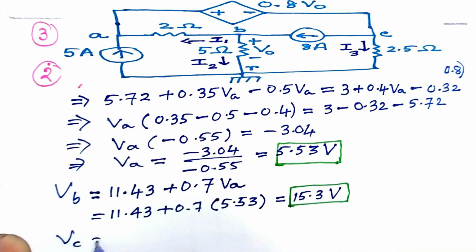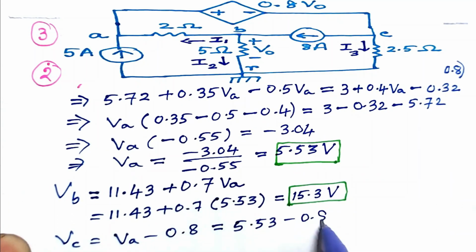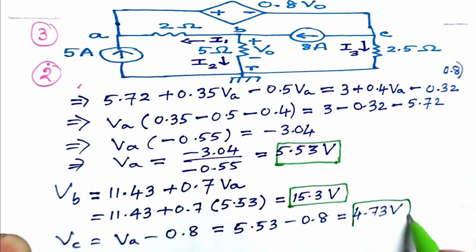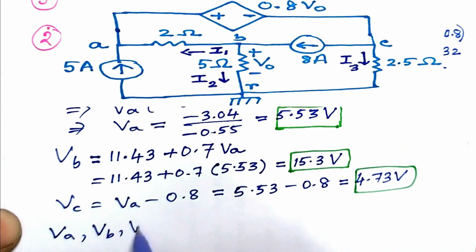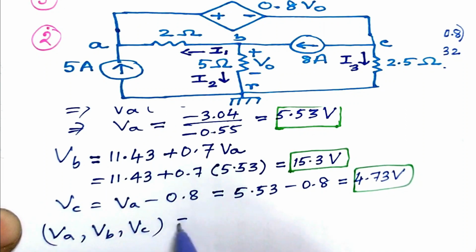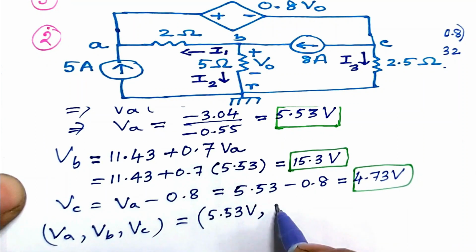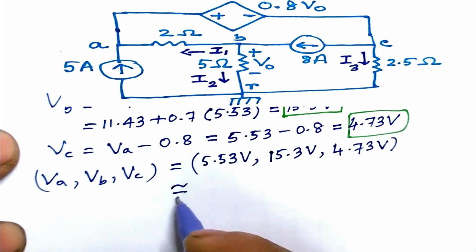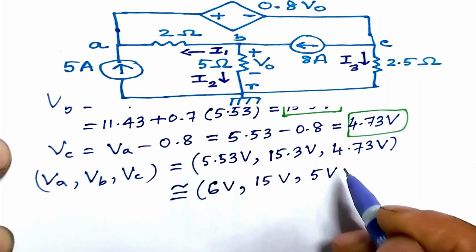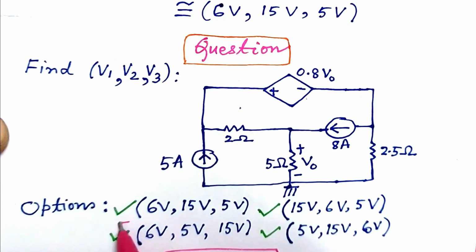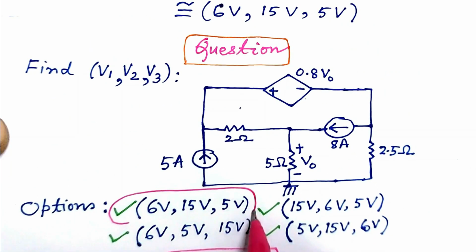Again, VC is VA minus 0.8. This gives 4.73 volt. So VA, VB and VC, let's collect the values and write. With approximation 6 volt, 15 volt, 5 volt respectively. So this is the correct option.